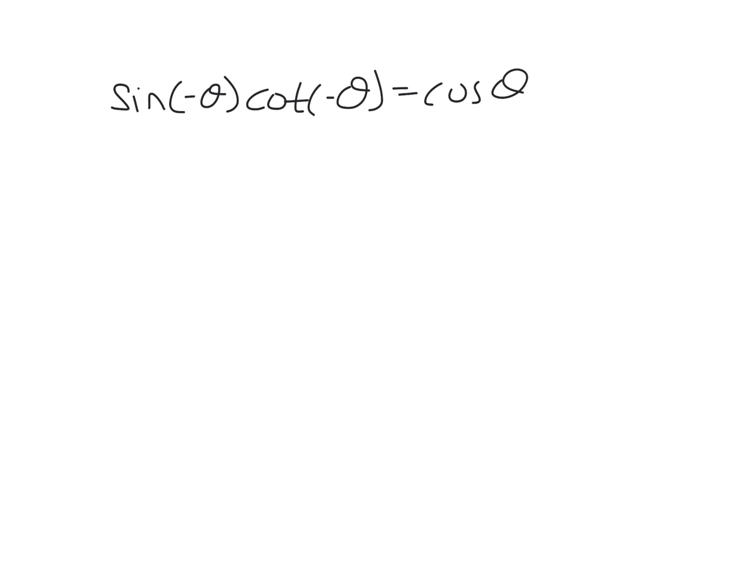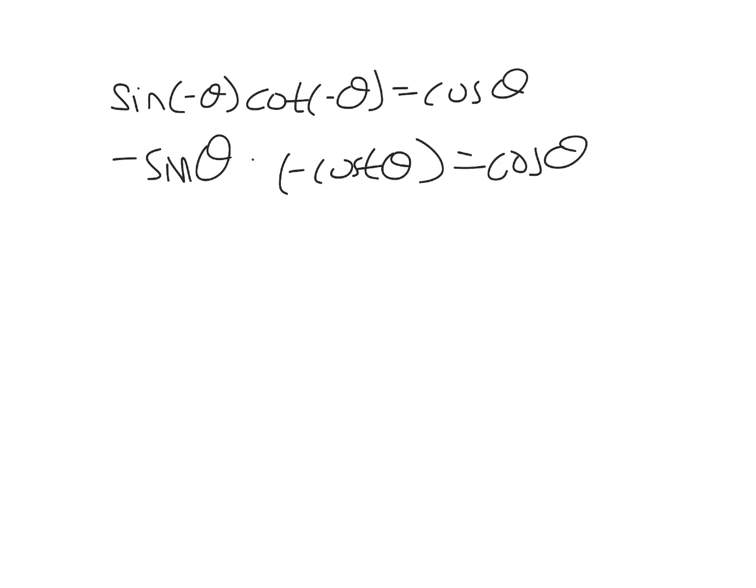So since we know it's odd, sine of negative theta is equal to negative sine theta, times cotangent of negative theta. We know it's going to be also odd, so it's going to be negative cotangent theta.